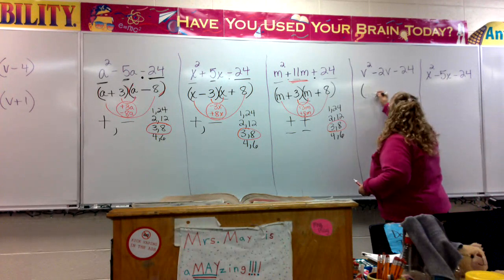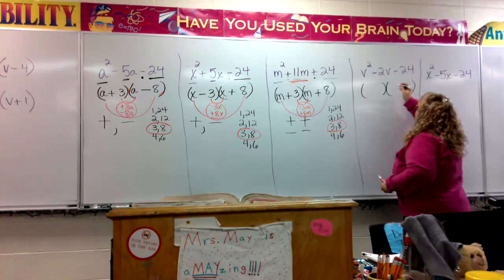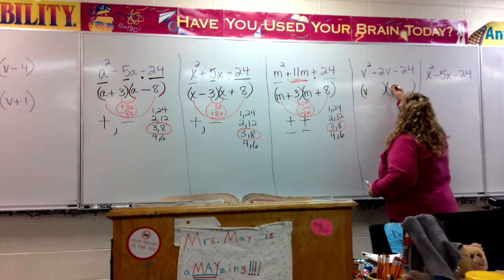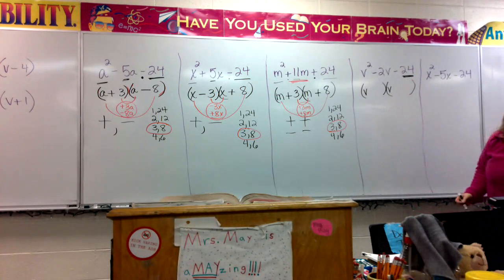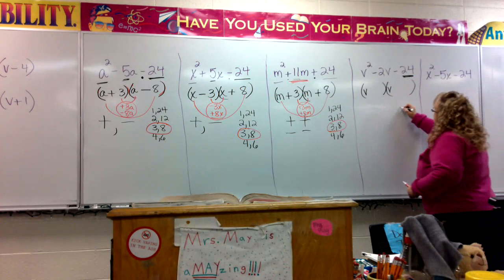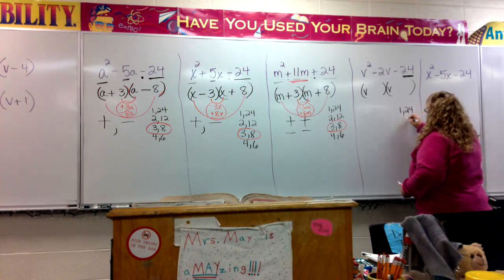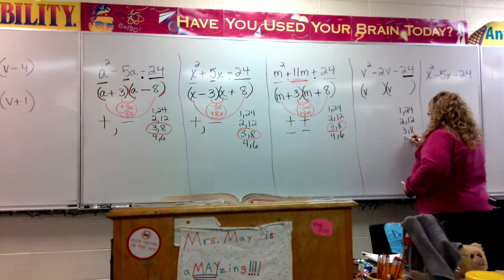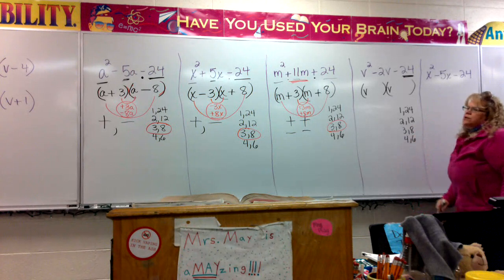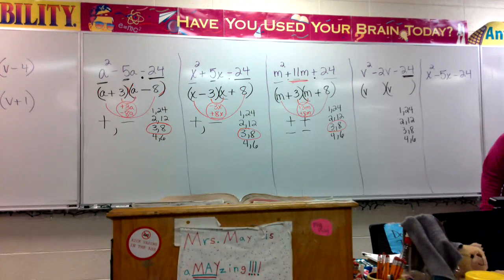How about this one? I've got v squared, v times v, down to 24 again. I did that on purpose. Could be 1 and 24, could be 2 and 12, could be 3 and 8, could be 4 and 6. What do I need this time?